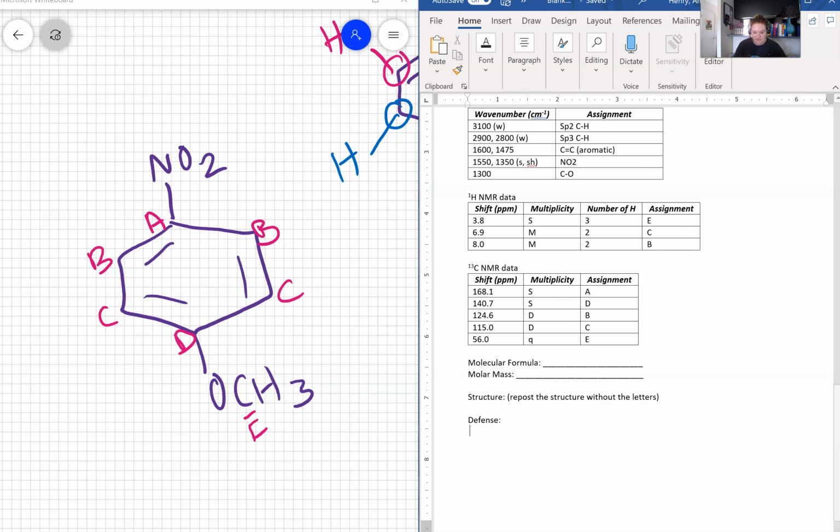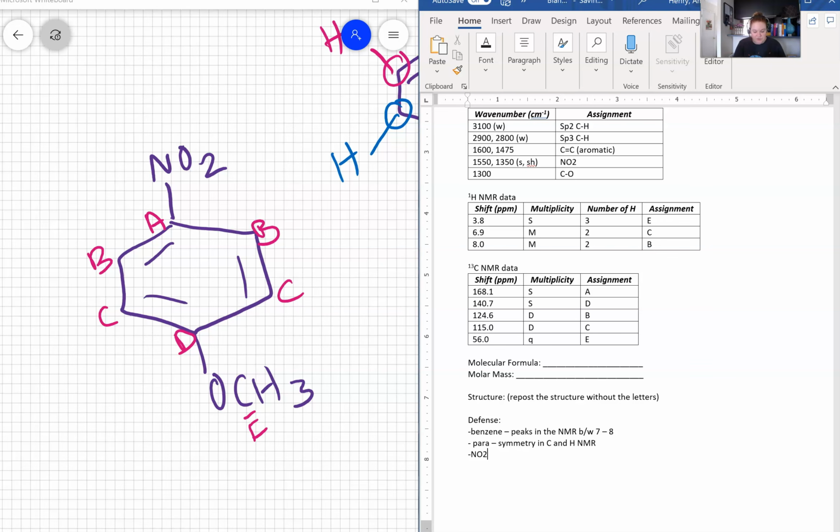My defense for this one, so we know it was benzene because we had peaks in the NMR between 7 and 8. We knew that it was para-substituted because of the symmetry in the carbon and hydrogen NMR.